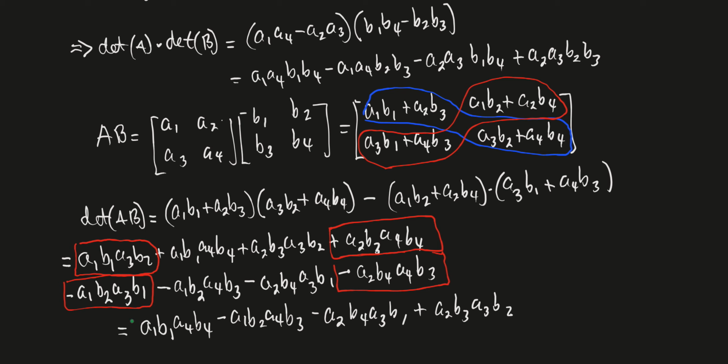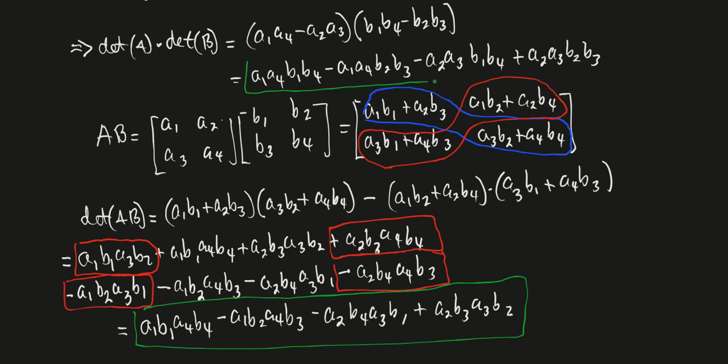Now, what did we just show? Well, this expression here in green is identical to this expression here. These are exactly the same. We just have to make sure that all the factors are there. We have the A1, we have the A4, we have the B1, we have the B4.